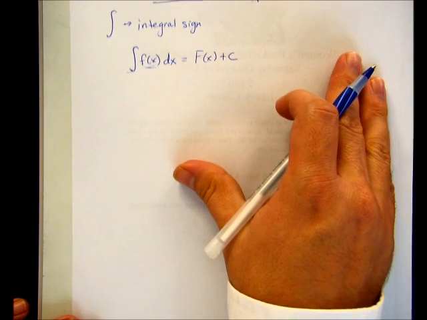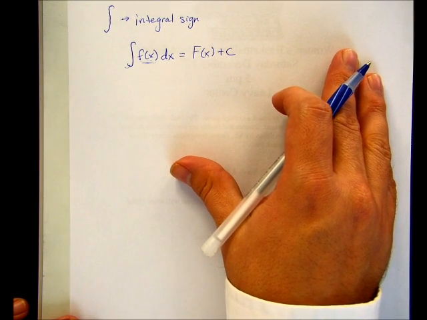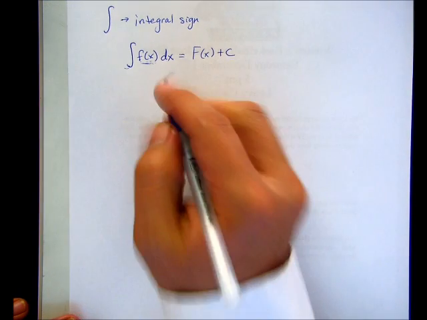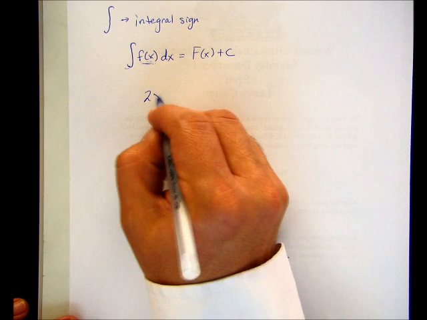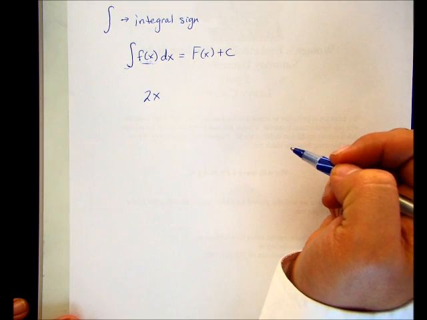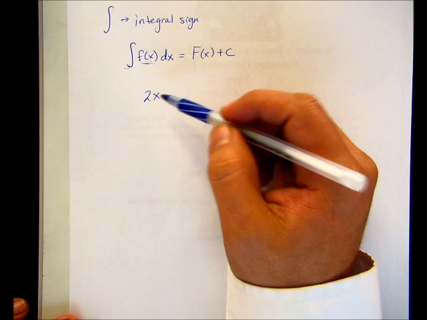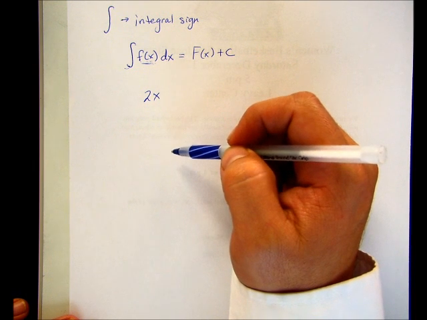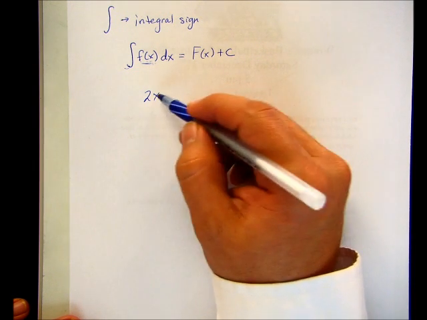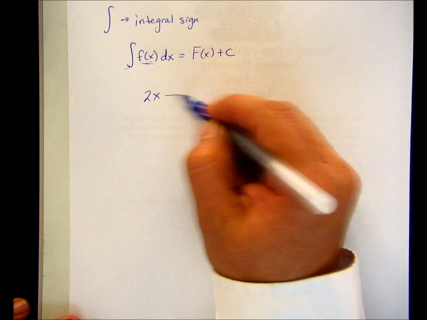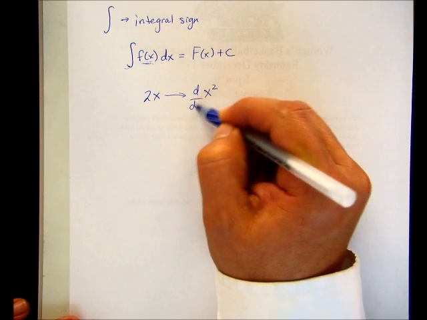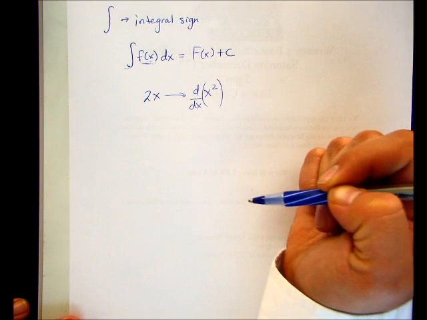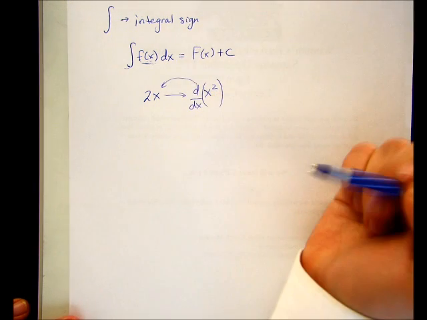Just to think about it this way, let's say we had 2x. If I took the antiderivative, using the power rule, let's just go backwards. We know that the derivative of x squared is 2x.